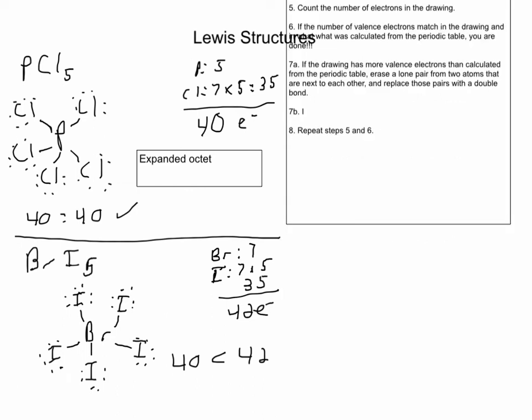This time, if the drawing has fewer electrons than calculated on the periodic table, the extra electrons are added to the central atom.